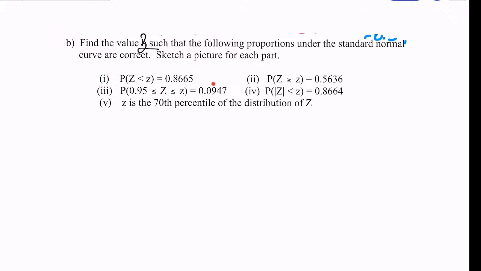If this was in a data set, find the individual in a test who scored better than 86.65% of the other people. So I draw that. And 86 would be something like this. So I would put this here.